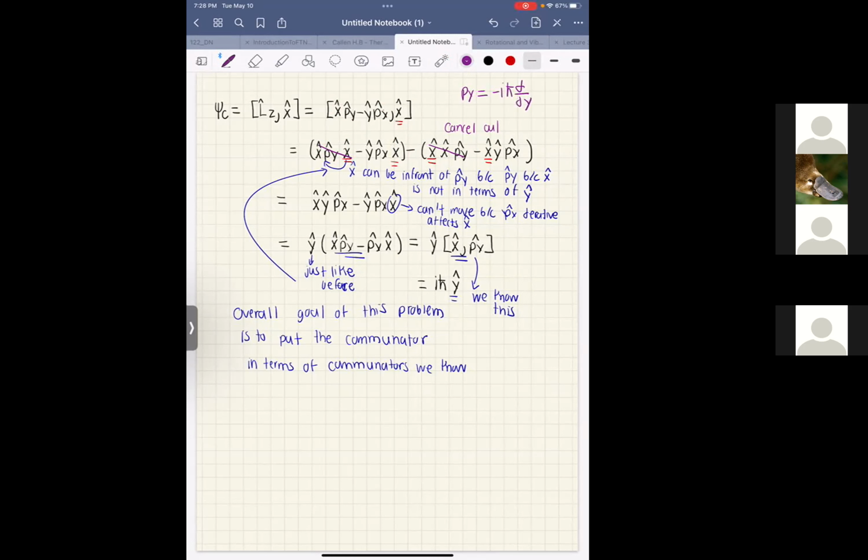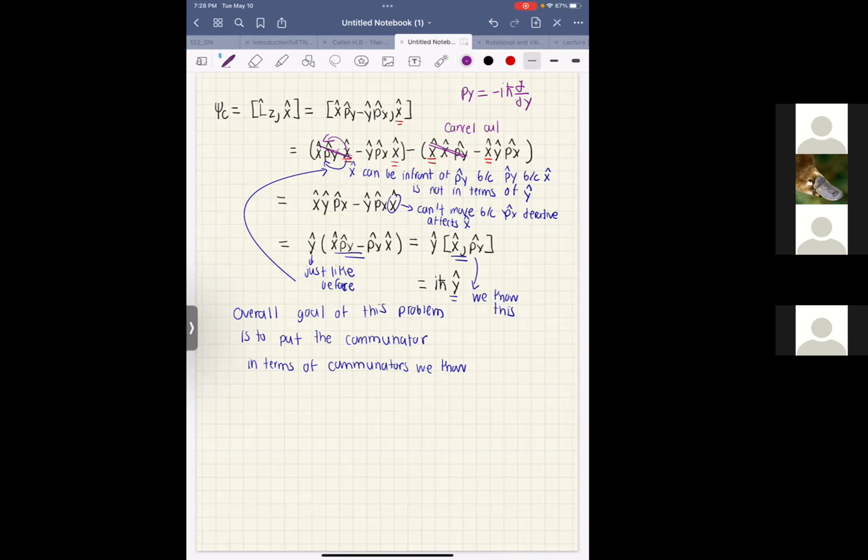But since we have x here acting with the momentum operator of y operating on x, x is a constant. Because x is a constant, we can put it in front of the derivative on the momentum operator in the y direction, and we can cross out this term and this term.